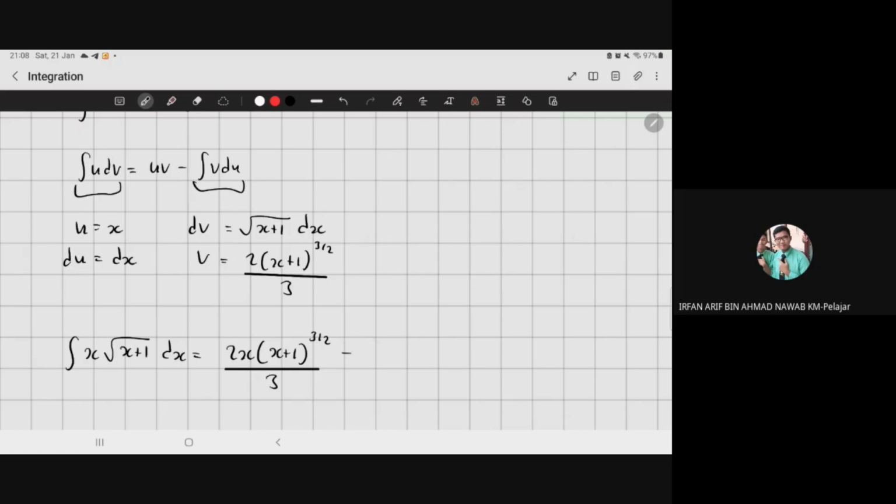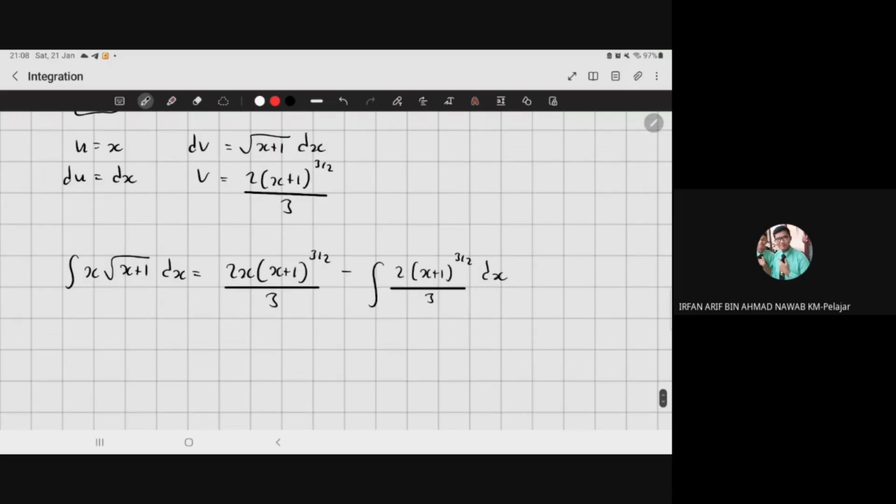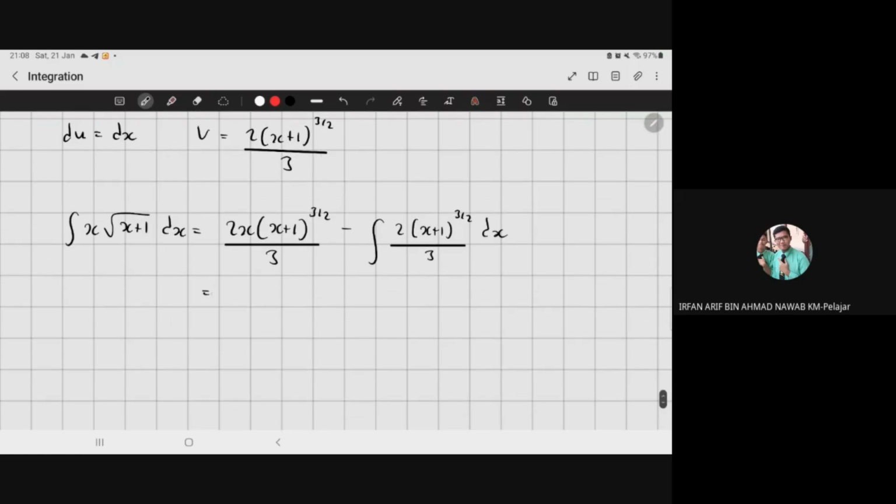Then minus with we integrate 2 times x plus 1 to the power of 3 over 2 over 3 dx. Now, this is very simple. You could integrate this by using the basic rules of integration. Okay, so just integrate as usual and you should get this one.